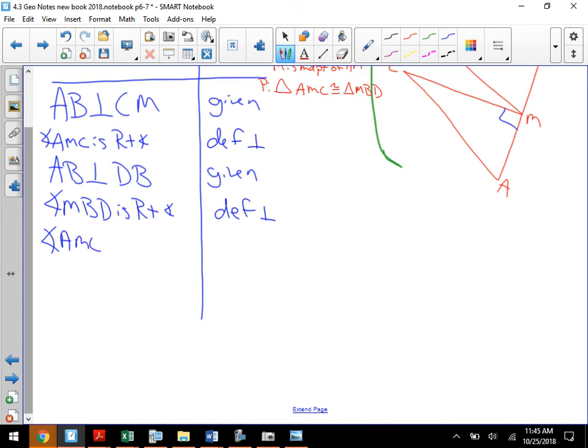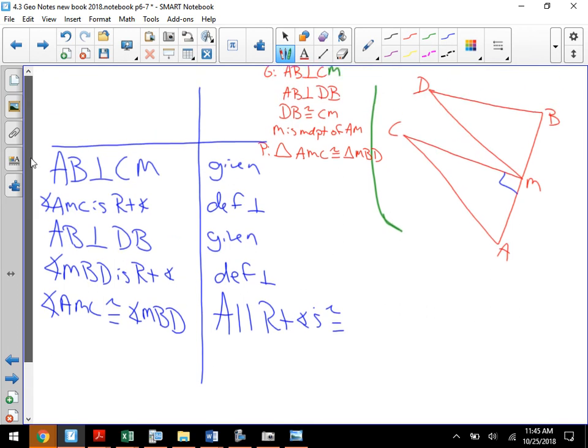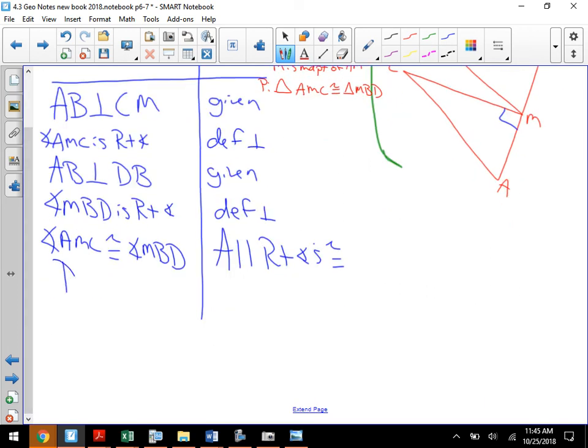That's one downfall about pictures that are already marked: you have a hard time deciphering what's going on. All right angles congruent. Then you had DB and CM.